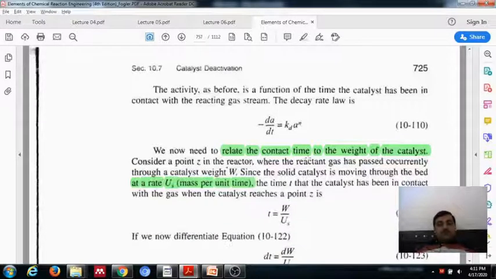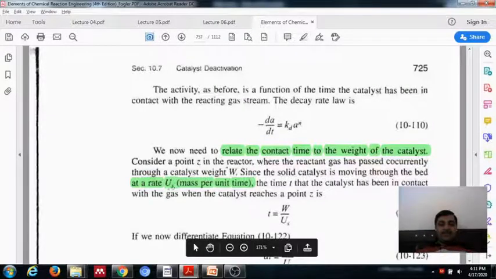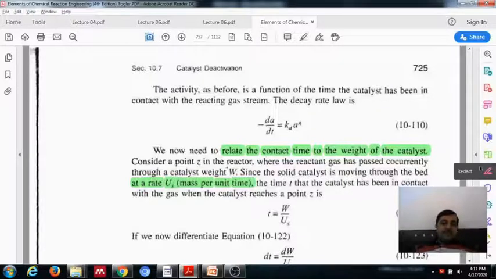So we need to relate this contact time to the weight of catalyst, and that is where we will use the mass velocity of the catalyst, that is mass per unit time at which the solid catalyst is moving.